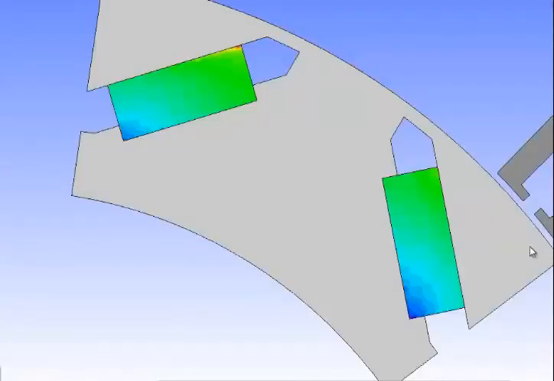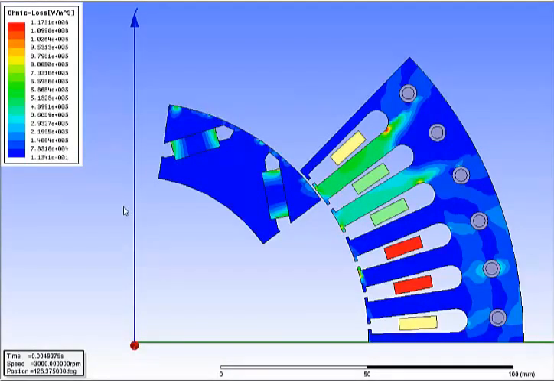Now here we do the initial simulation inside Maxwell. It's a 2D simulation, and we see the temperature of the magnet. Here we're looking at an instantaneous result of the 2D unsteady Maxwell simulation, and we're looking at the thermal losses.